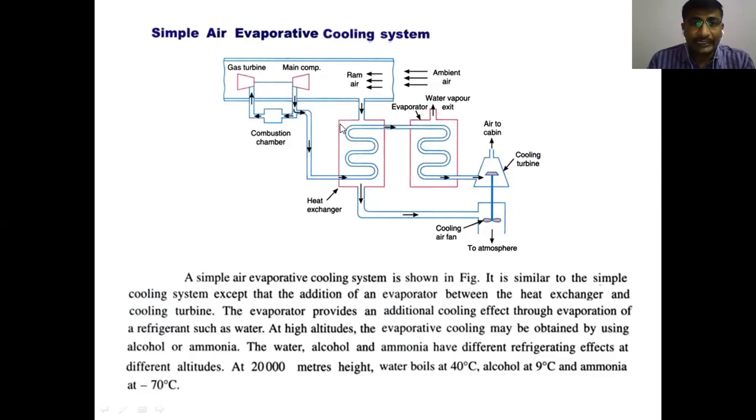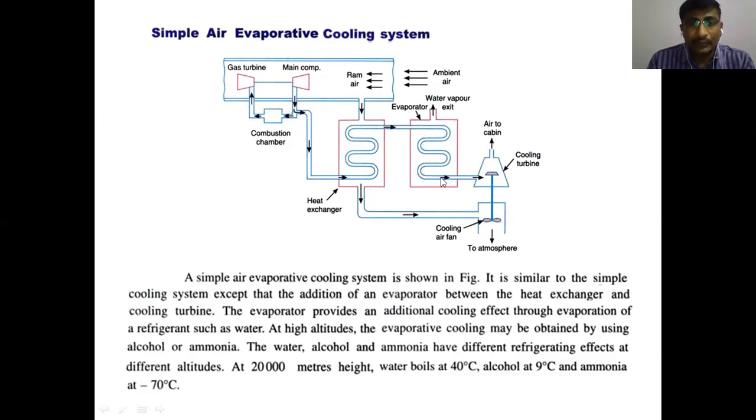After cooling, the compressed air again enters the evaporative vessel. During the flow of air through this vessel, the heat is absorbed by the low boiling point liquid stored in the vessel. During this absorption process, the air is further cooled. The air coming from the heat exchanger is further cooled in the evaporative vessel.